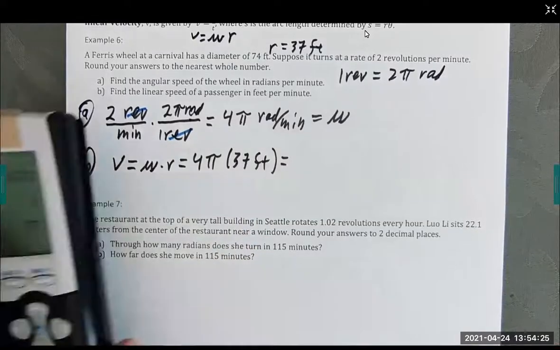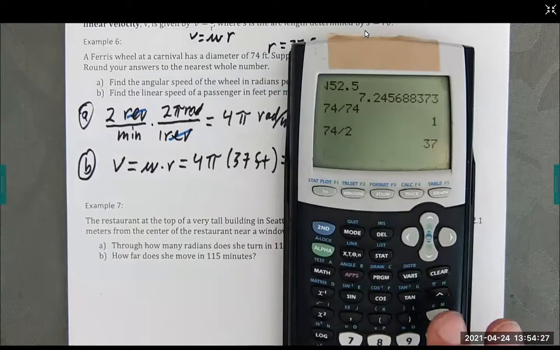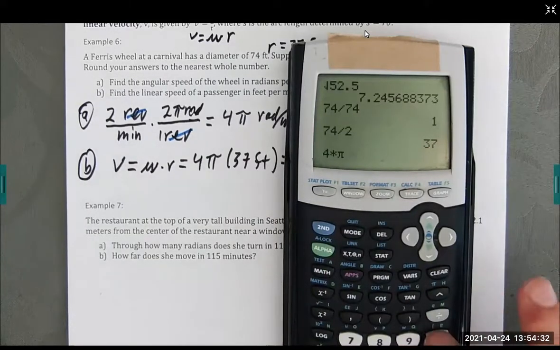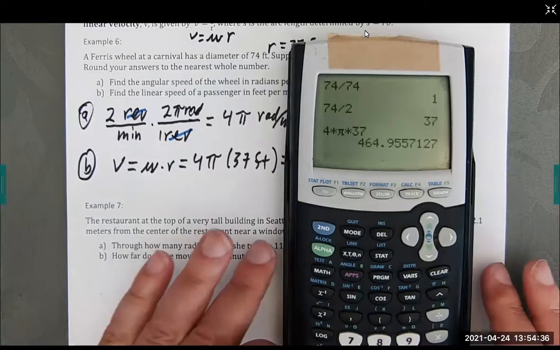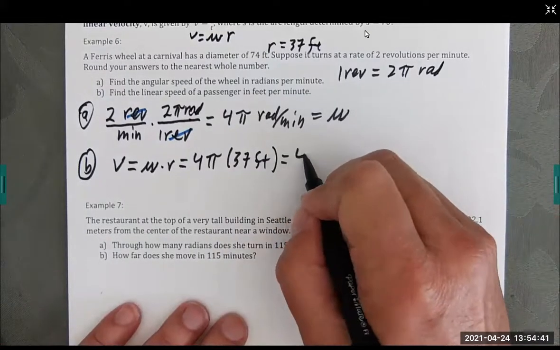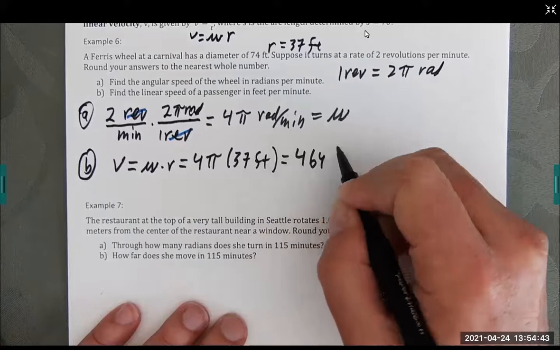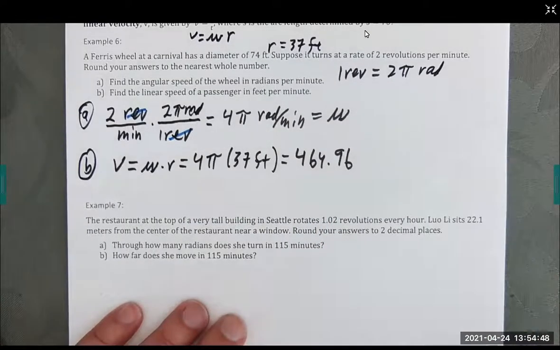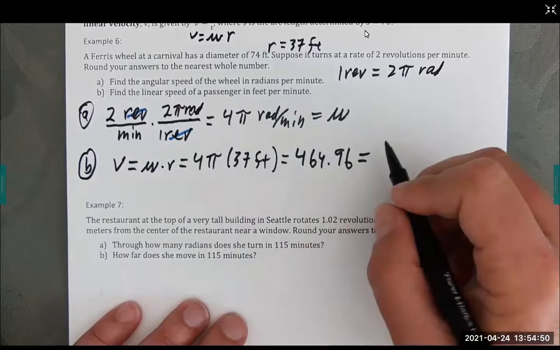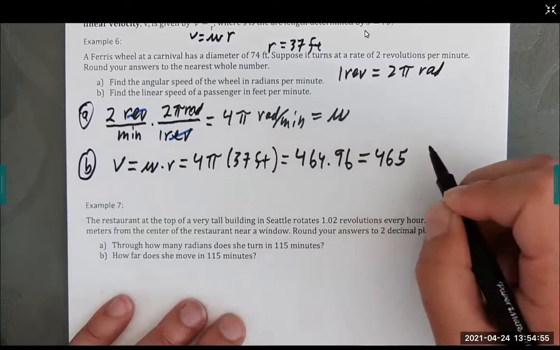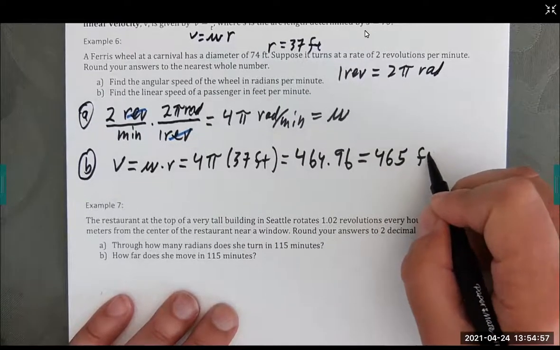And that's going to give us 4 times pi times 37. There we are. 464.96. Oh, they want nearest whole numbers, so they can do that. This is 465. And this is going to be in feet per minute.